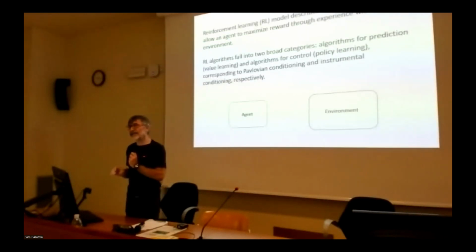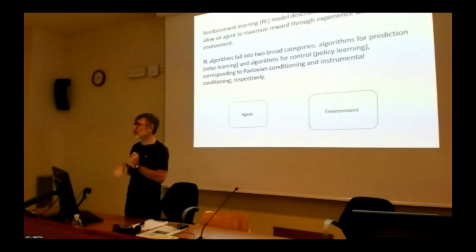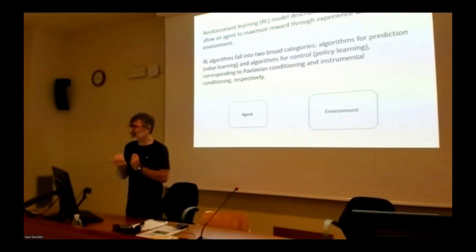And this idea is that the cue is predictive of the reward that the subject will receive without doing any specific action, in contrast with instrumental conditioning, where action is necessary. This view of classical and instrumental conditioning also corresponds to the traditional view of reinforcement learning, a theoretical learning model used for both artificial and biological agents, which explains how subjects are able to maximize reward in their interaction with the environment.